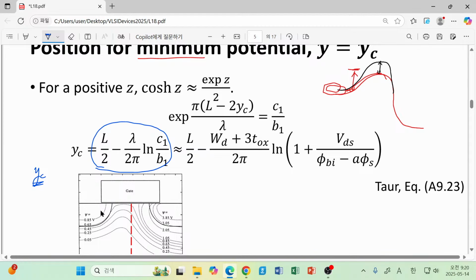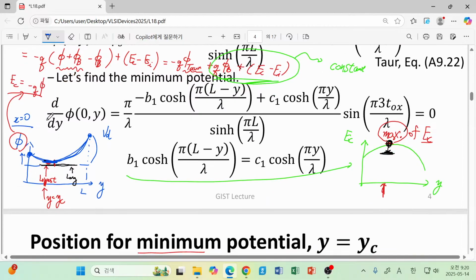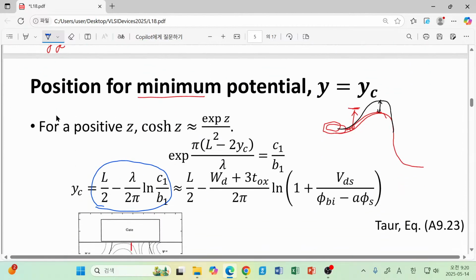First of all, this potential is correct up to this point, this is the exact one. And here we introduce an approximate value, because C1 and B1 have their own approximate expressions. That's the reason why here we have a similarity, not exact equality.